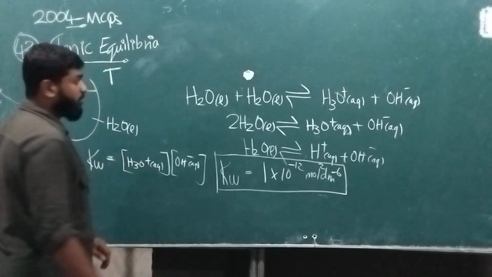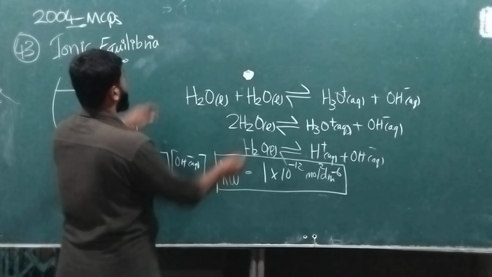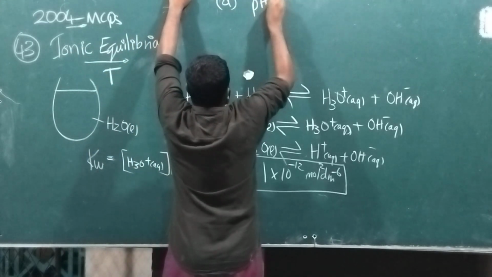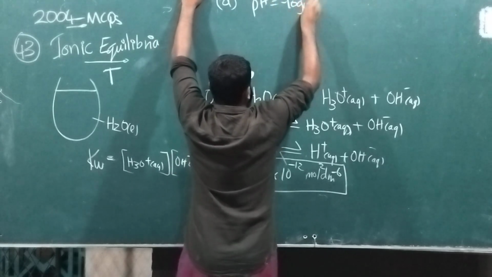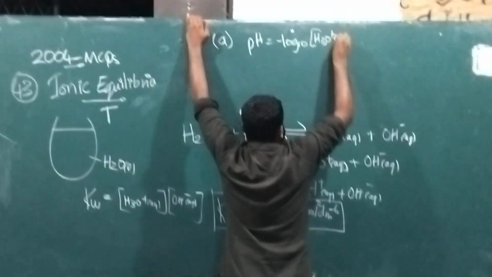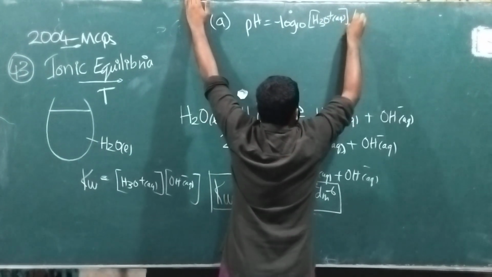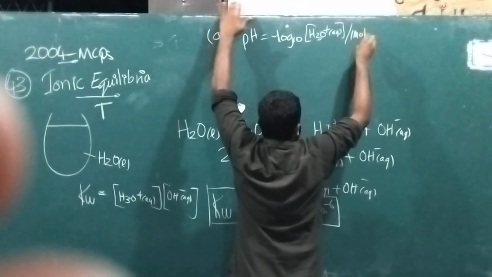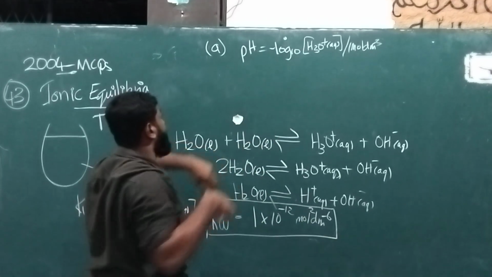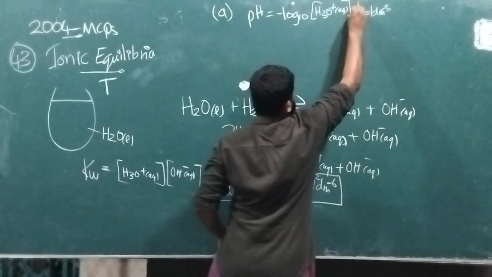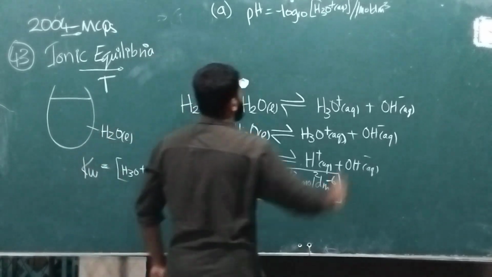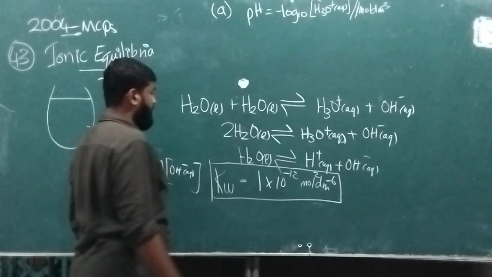For statement A, pH is equal to minus log 10 of H3O plus aqueous over 1 mole decimeter minus 3. That is why pH doesn't have any unit, right? So you need the H3O plus aqueous here.